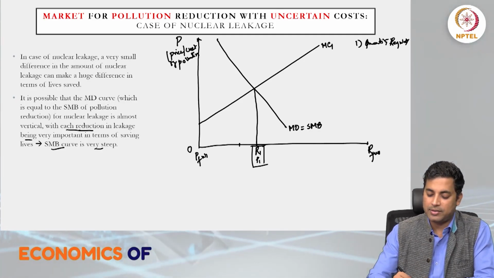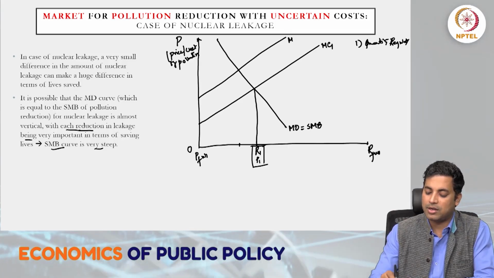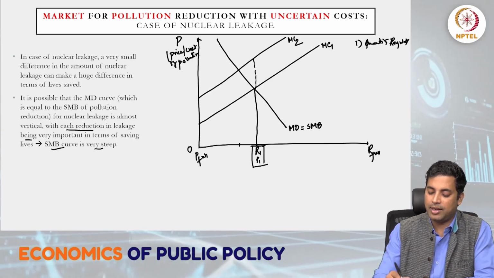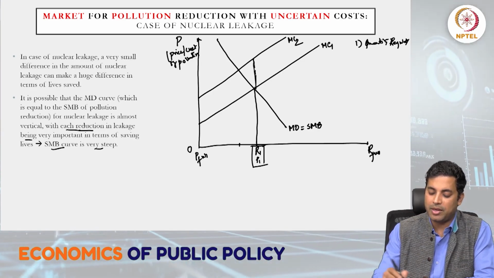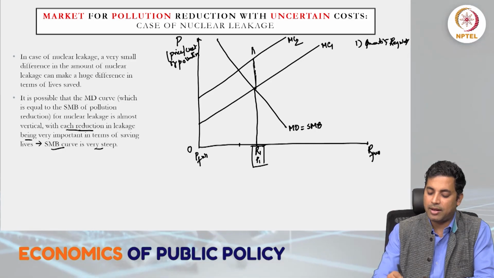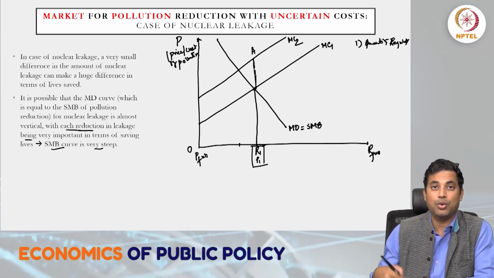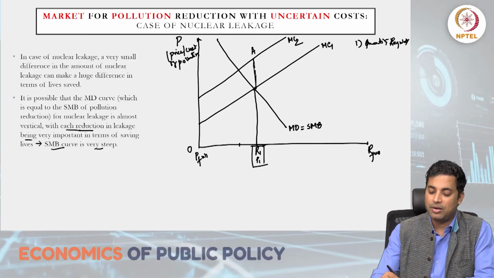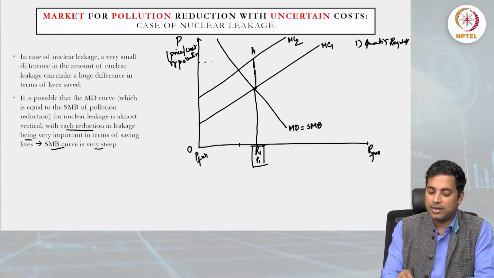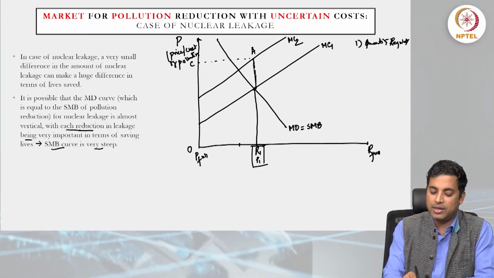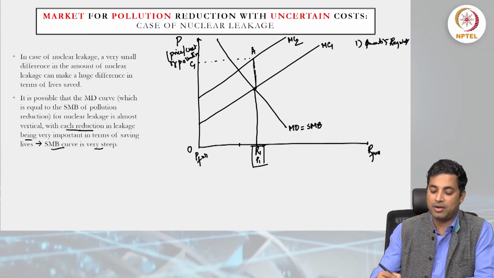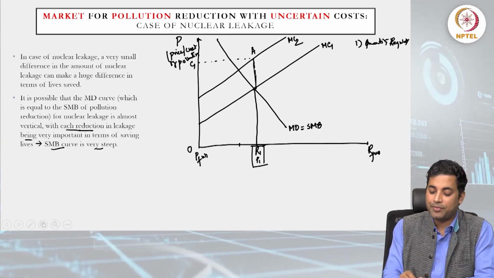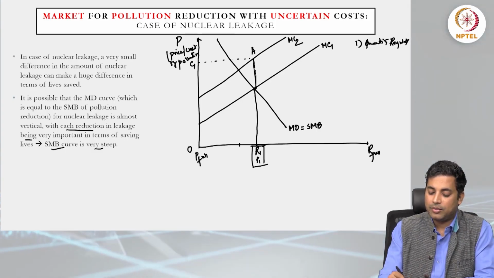Now see, the marginal cost curve increased, and then we get a new equilibrium, at the mandated level OR1 amount of pollution reduction, the cost involved is C1 amount at point A, because at OR the cost is OC1.